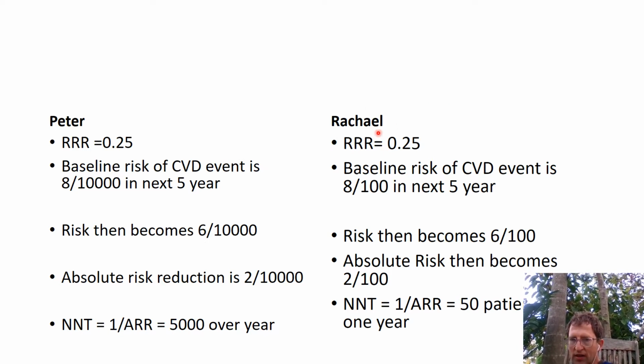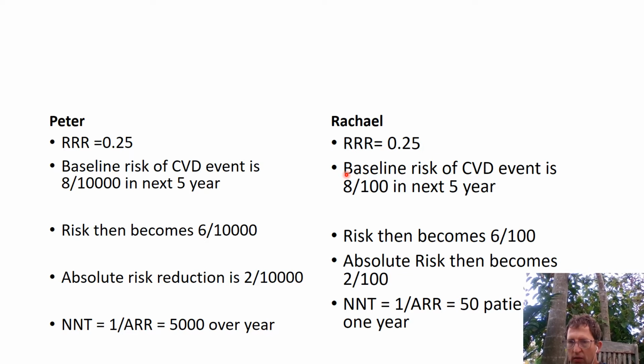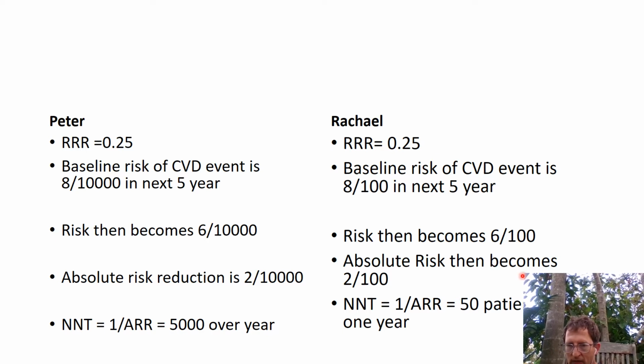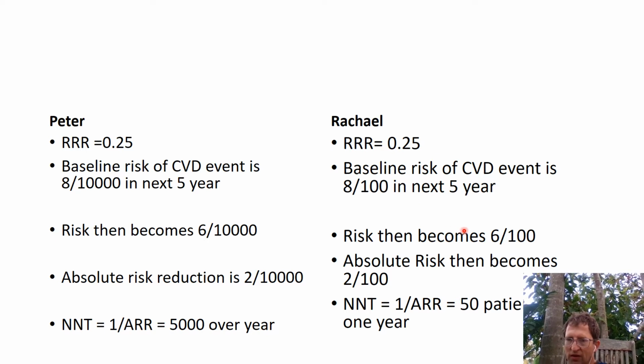Rachel is going to take the same statin, 25% relative risk reduction, but let's say she's got a lot more cardiac risk factors, and you determine her risk of a cardiovascular event is 8 per 100 in the next 5 years. Well, the same drug is going to make her risk now 6 in 100, and the absolute risk reduction then becomes 2 in 100, which means you've got to treat 50 Rachels to prevent 1 cardiovascular event in 5 years.